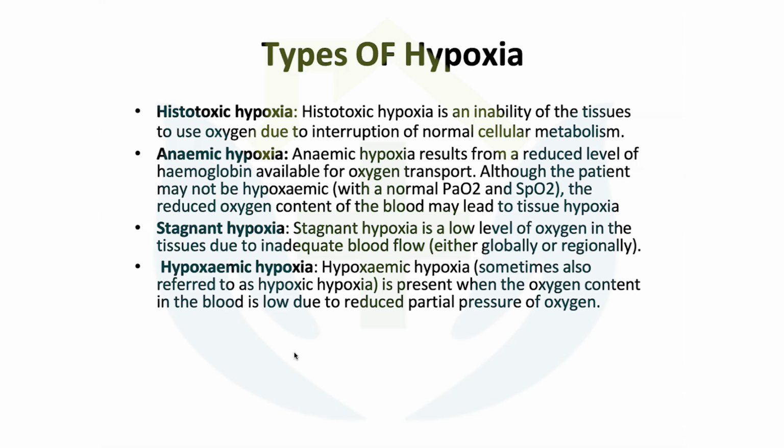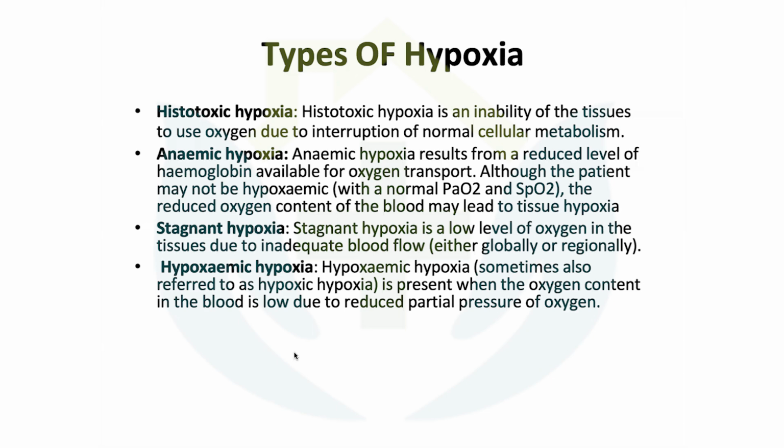Histotoxic hypoxia means the tissue's inability to take up oxygen from the blood for normal cellular metabolism. Anemic hypoxia means when the hemoglobin percentage is very low, and therefore the blood oxygen content itself is low.